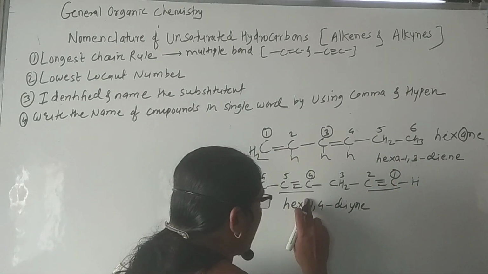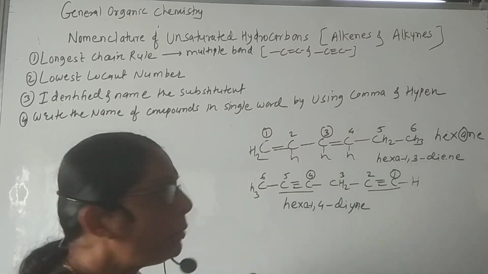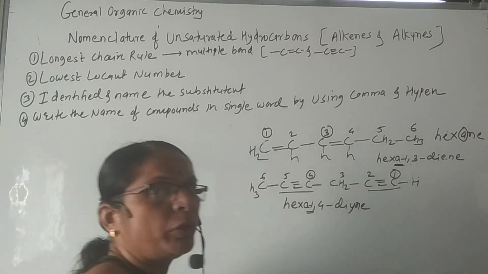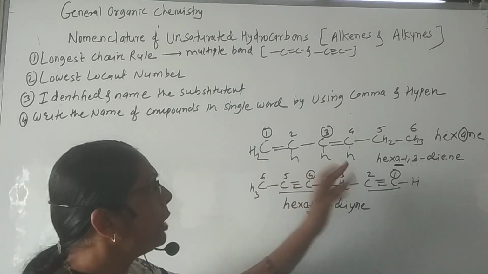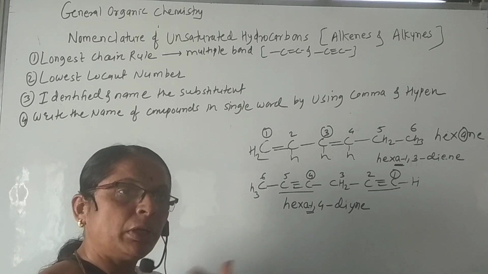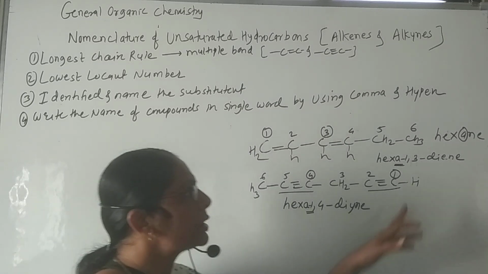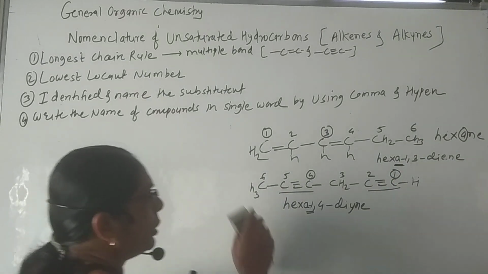Here I have to write hexa-1,4-diyne. So that is a very important change that you remember: the A has to be retained, not omitted, because the same double bond or same triple bond will come in multiple proportion as 2 or 3. In this case A can be retained. So that is again an important change.